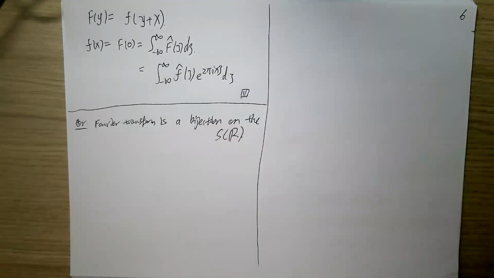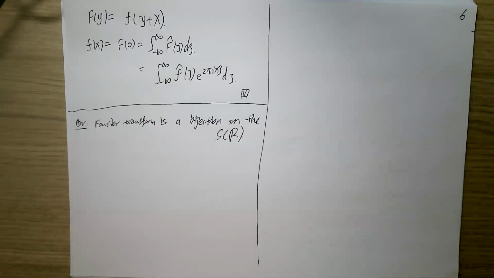Moreover, it's more than a bijection. It also conserves one measure, or one norm, on this Schwartz space. So in some sense, you can think of it as more or less an isometry on the Schwartz space.